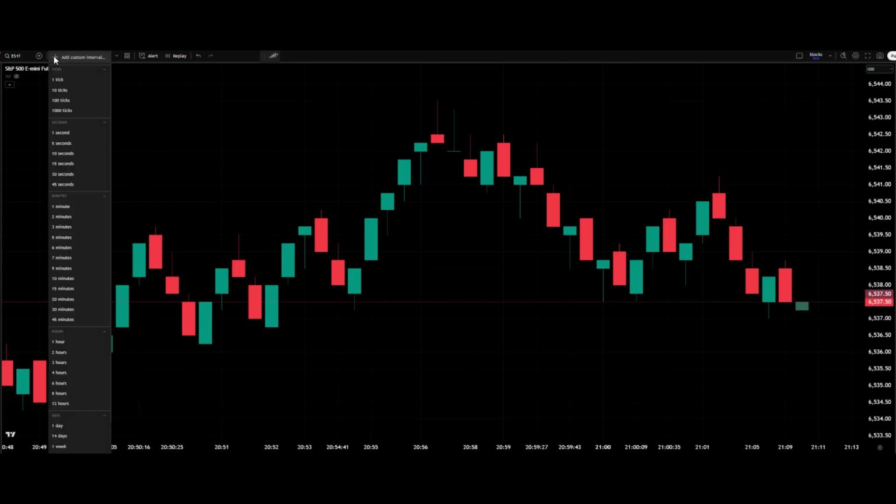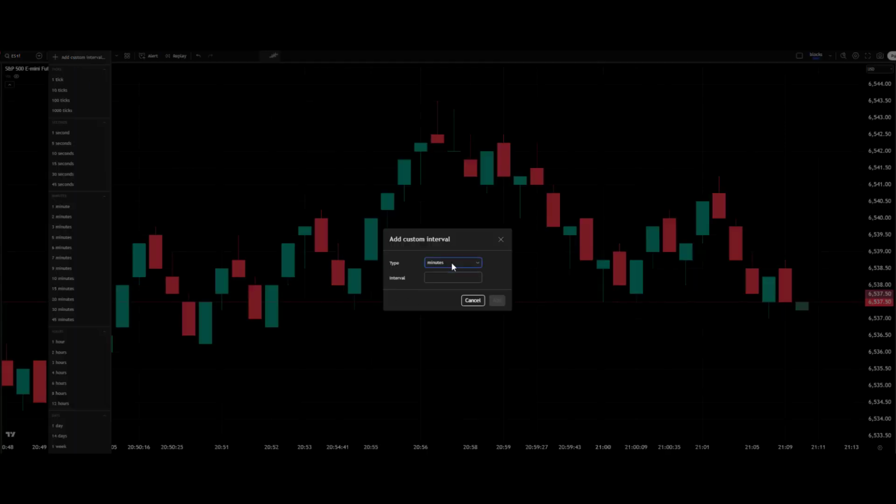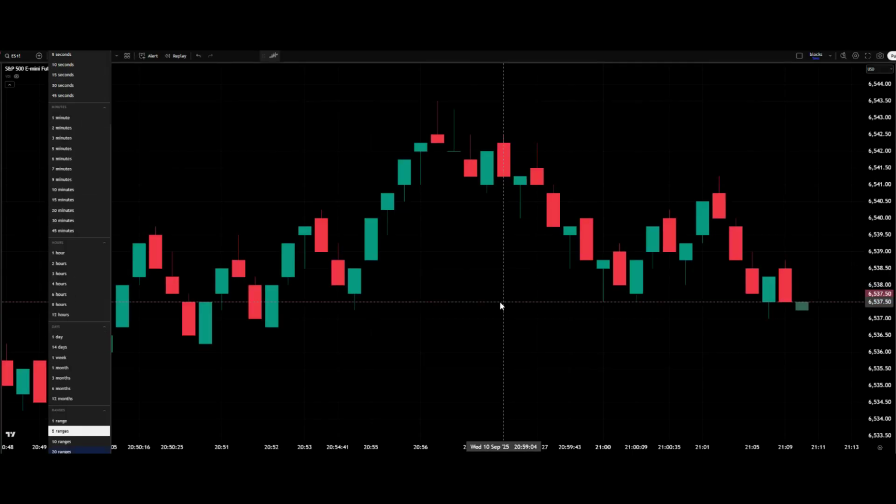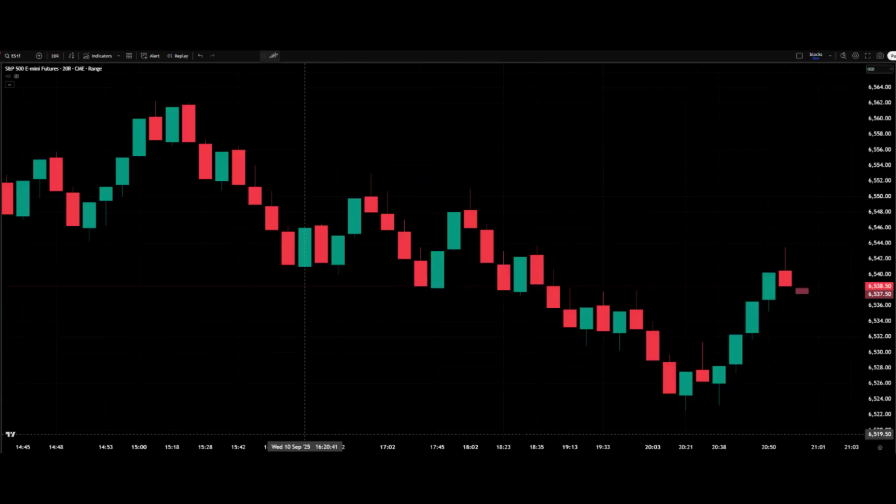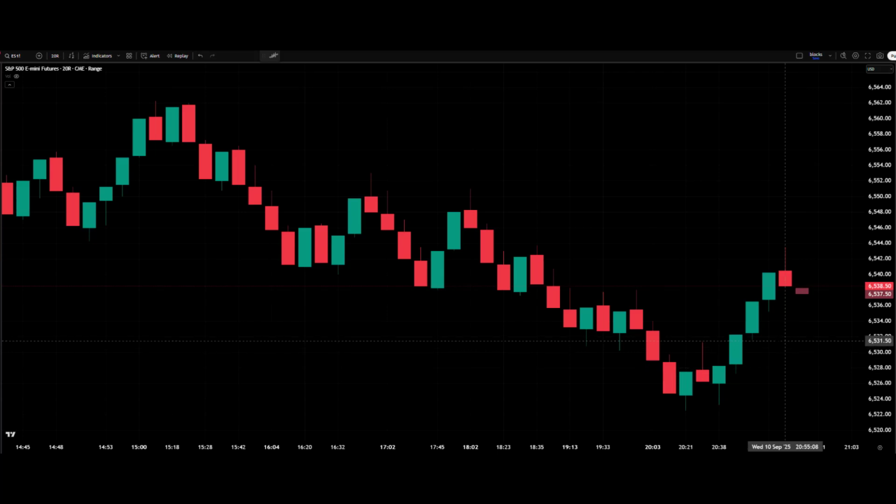Well, we could go up to that setting again, do the add custom interval, flip it over to range, and that would need to be 20, because remember 5 times the 4 ticks gives 20, and there we go. We've added that to the range, we click on that, and that has now given us, if you took the time to measure, the 5 points on the range chart.